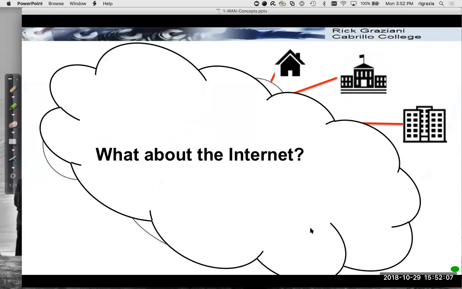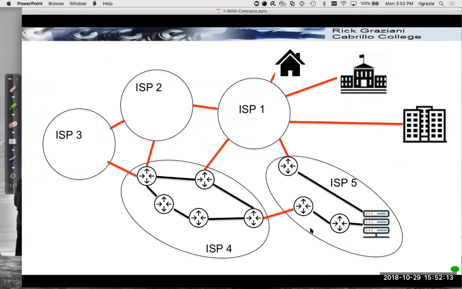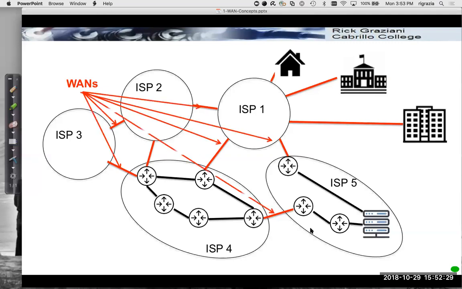Okay, so what does this look like as far as the internet goes? As far as the internet, it's really just a connection of these different providers. I've got them labeled as internet service providers, which can also be thought of as telecom service providers. But the links between them are the wide area networks. And it can also sometimes include the links within the provider's network itself.